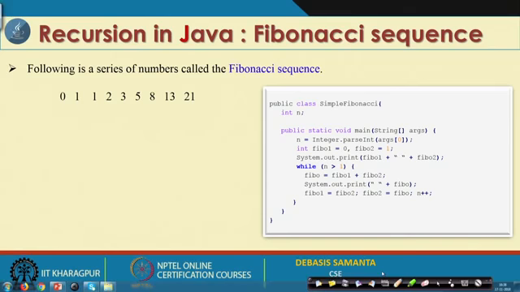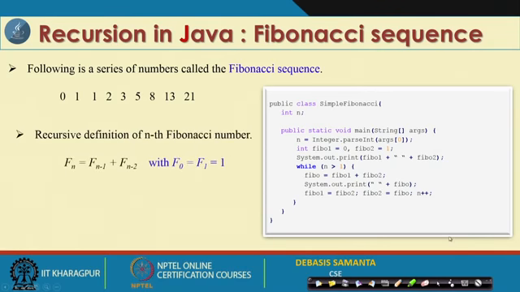That loop is declared here, and you can understand that this loop will create this series. This is an iterative approach to calculating the Fibonacci series. Now, let us see how the same can be done by writing a recursive function. In that case you have to understand how the Fibonacci series can be expressed in a recursive way.